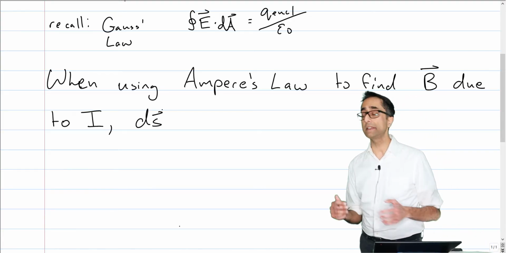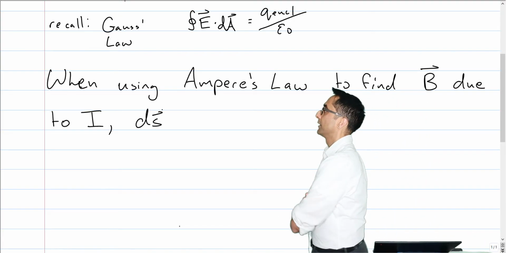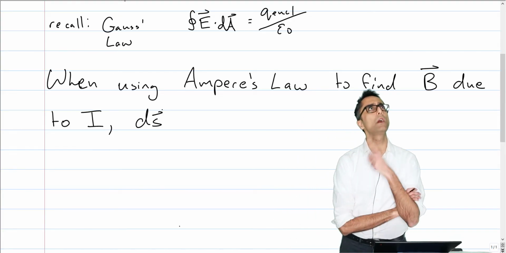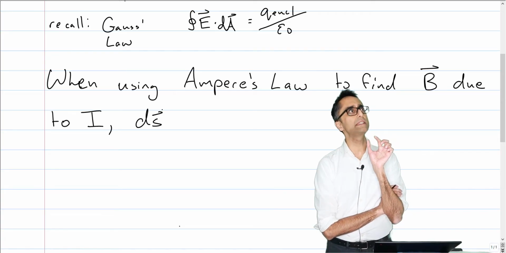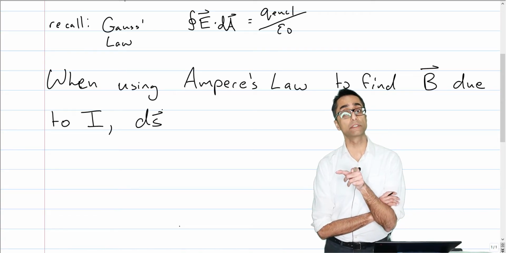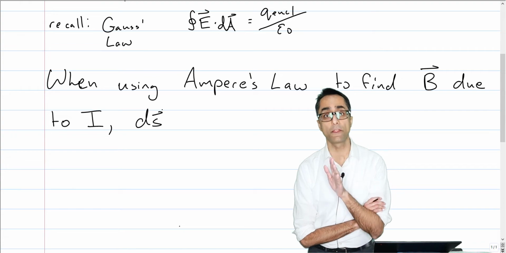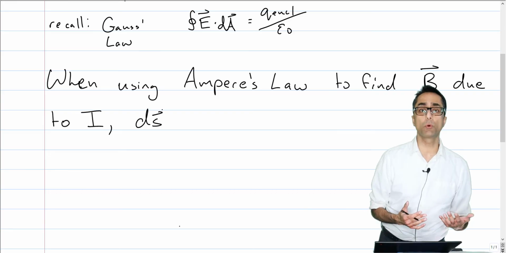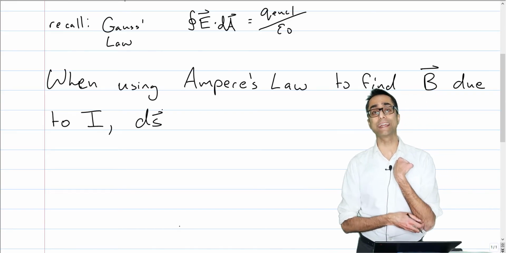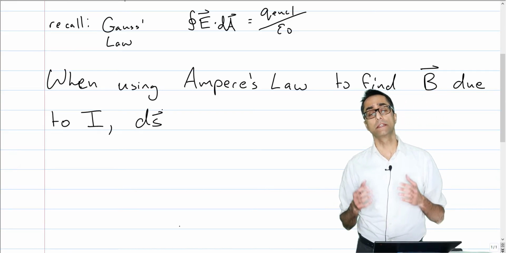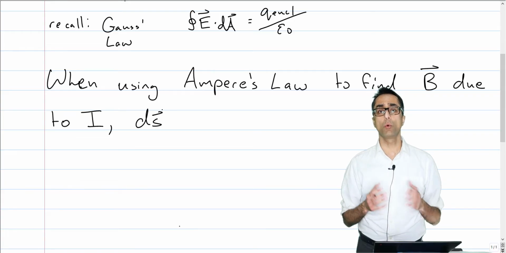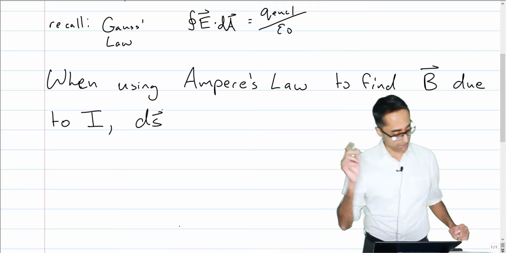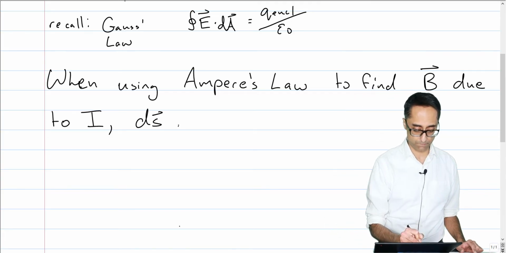You have encountered a ds when you did the Biot-Savart law. When we did the Biot-Savart law, the ds, if I recall, was a teeny little length of the wire itself. Here it is not that. Traditionally, we still use ds, which is a little bit disappointing because both of these have a ds that stands for something different. ds in the Biot-Savart law was a line segment, a little tiny piece of the wire itself. But this is what ds is here.